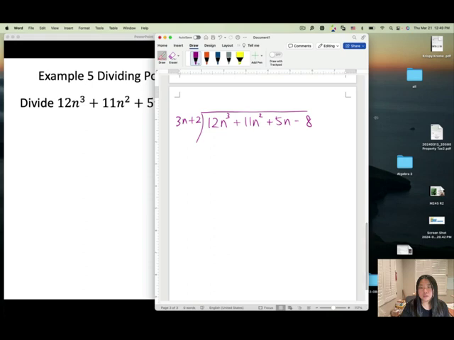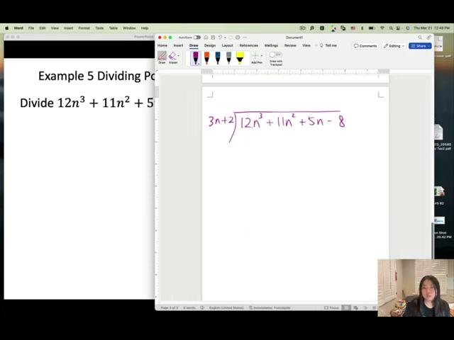Okay. So first, figure out the first term. I have 12n to the power 3 divided by the first term, 3n here. So divided, that will be 4n squared. Okay, right? So I try to match the position. I have an n squared, so I put it here, 4n squared.